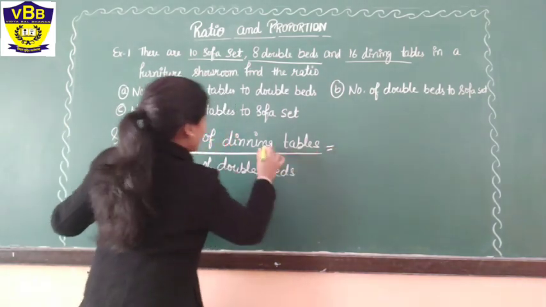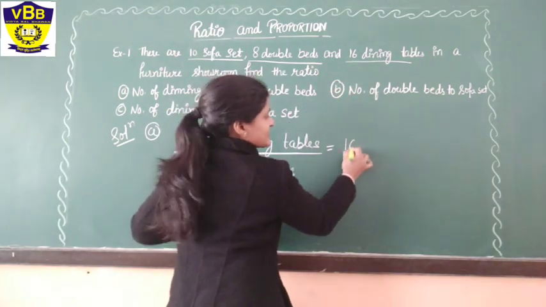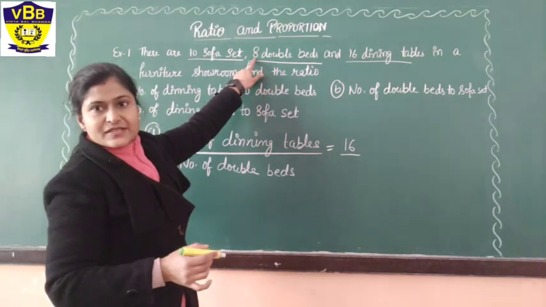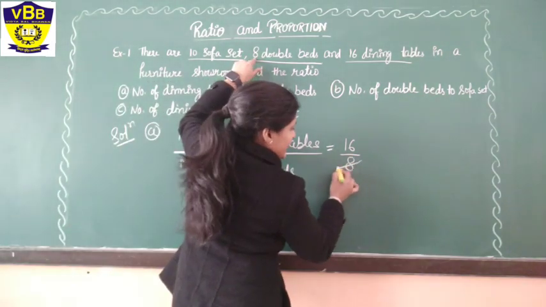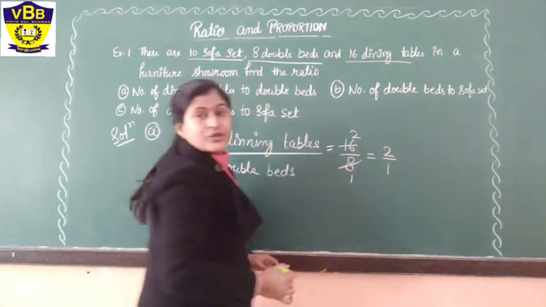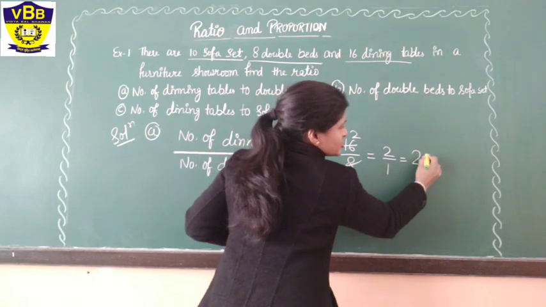You can check how many dining tables are here: 16. So write 16 upon, how many double beds? It is 8. 8 ones are 8, 8 twos are 16. So 2 by 1. You can write it as 2 ratio 1.